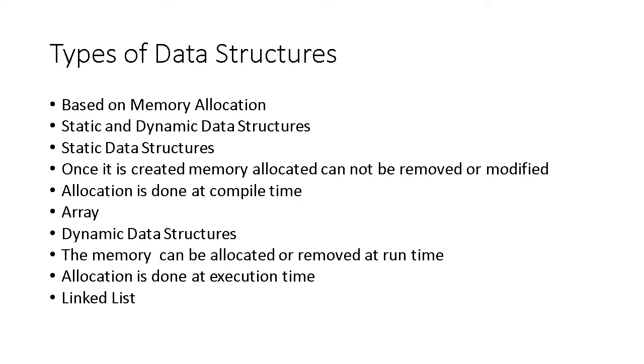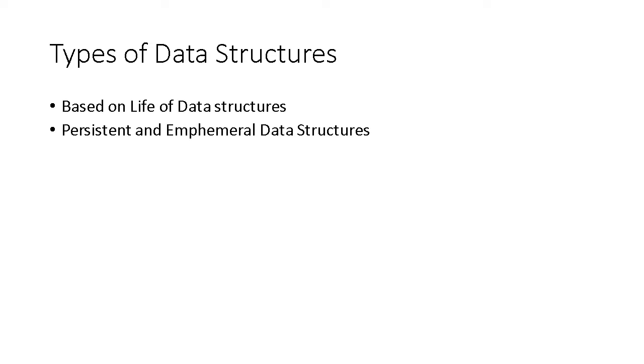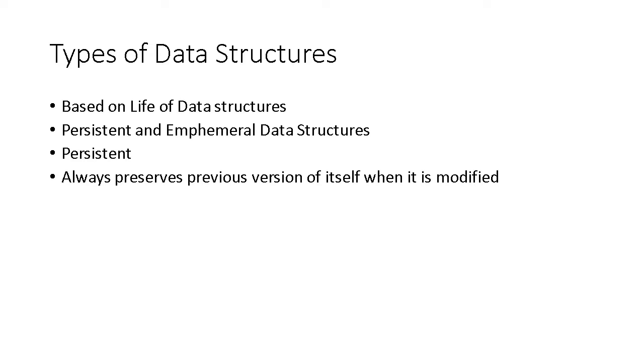Next type of data structure is based on life, how much time the contents of that data structure are retained. Based on that, types of data structures are defined. They are persistent data structures and ephemeral data structures. In a persistent data structure, we are preserving all the previous versions of a particular variable which is defined.